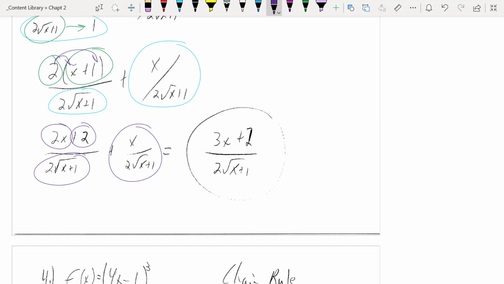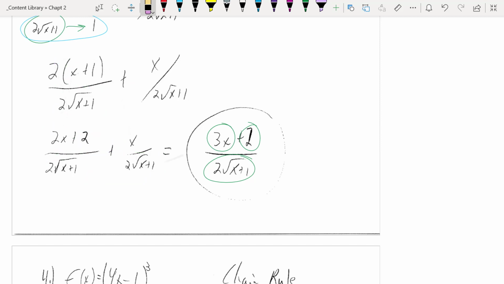I'm just going to go ahead and add my numerators together. So notice I got 2x plus x, that's going to give me 3x. And 2 doesn't combine with anything, so I just write it down. And then that's all over the common denominator of 2 square root of x plus 1. So when you look at this problem right here, that's your final answer, which is 3x plus 2 over 2 square root of x plus 1.